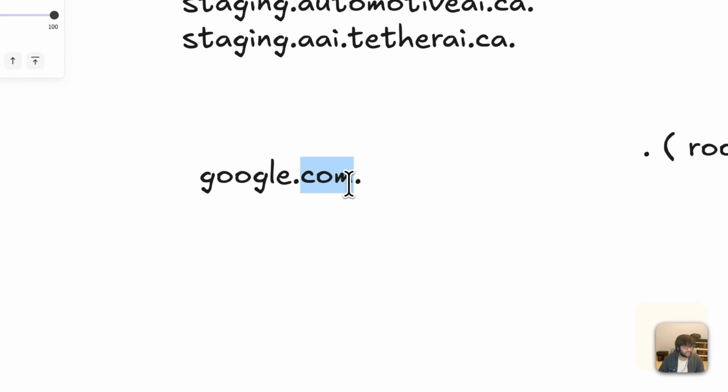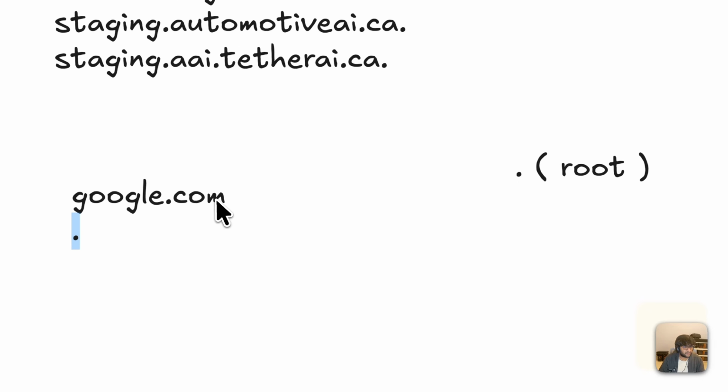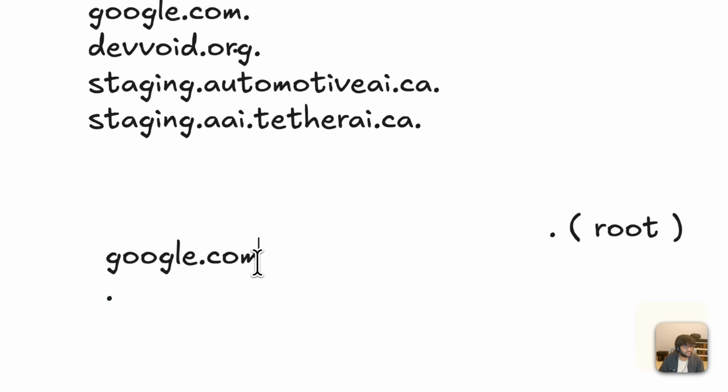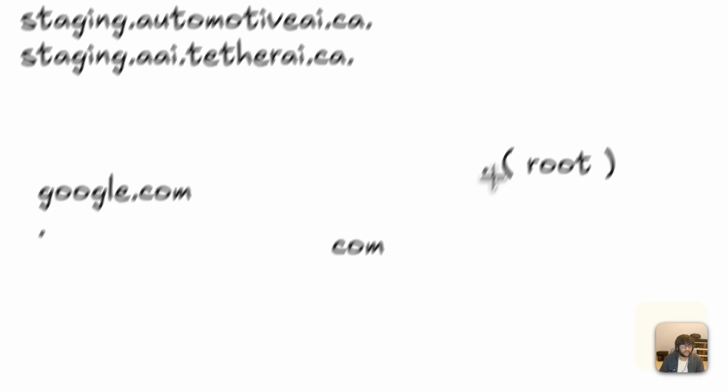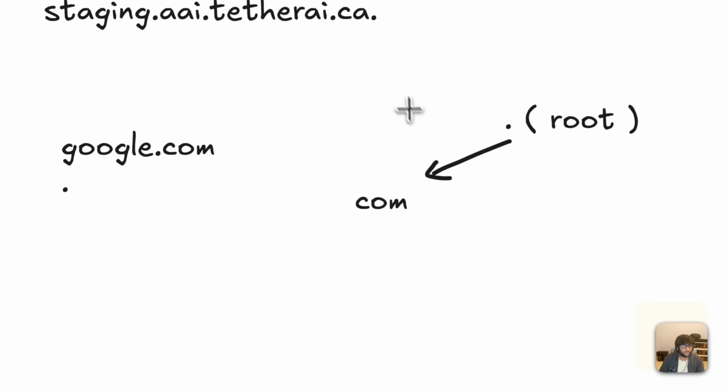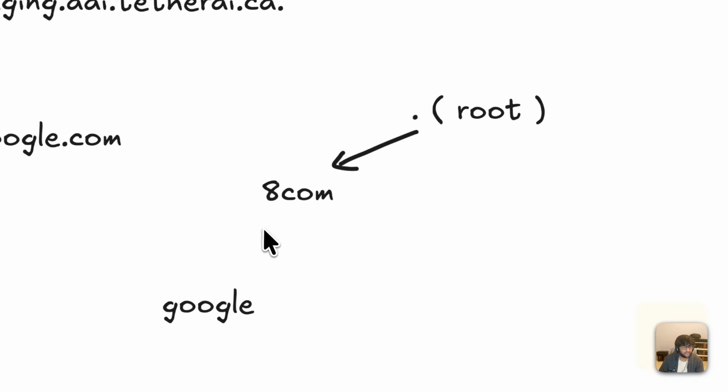The first part is the dot. Next comes, till the next dot, com, connected like this. And then comes google. That essentially is the tree structure made from google.com.